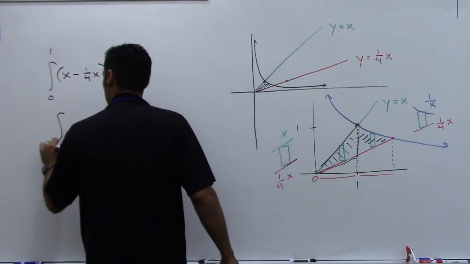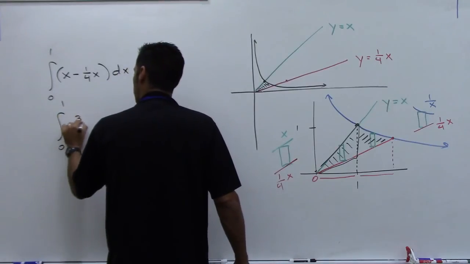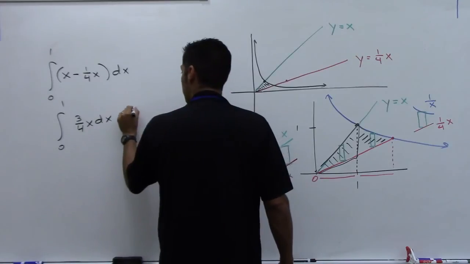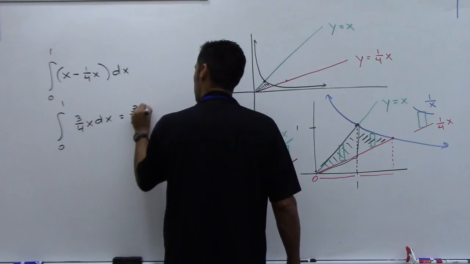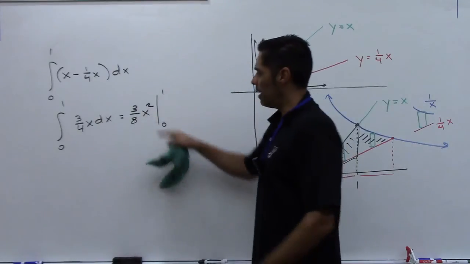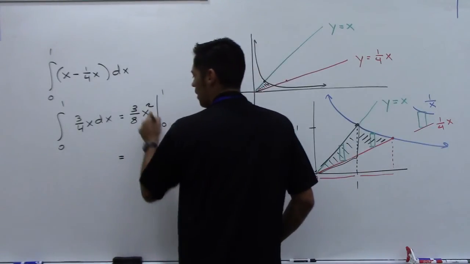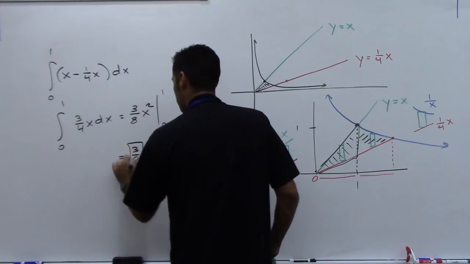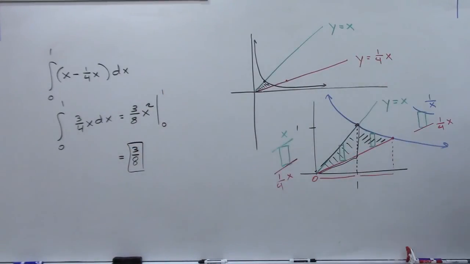Well, that's just the integral from 0 to 1 of 3/4 x dx, which is 3/8 x squared evaluated 0 to 1. If I plug in 1, I get 3/8. If I plug in 0, I get 0. So the area of this first region is 3/8.